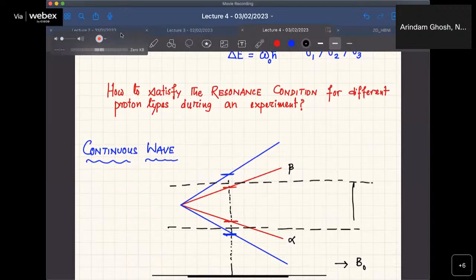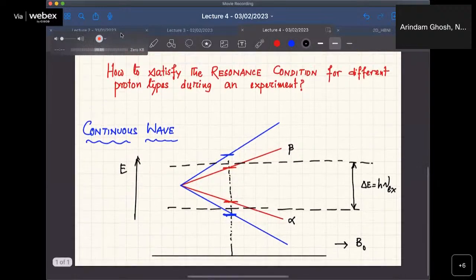So this much energy I'm giving to the system, because this is the energy scale, obviously this is E. This much energy is coming from this delta E, from your H, some excitation energy I'm giving with a radio frequency.